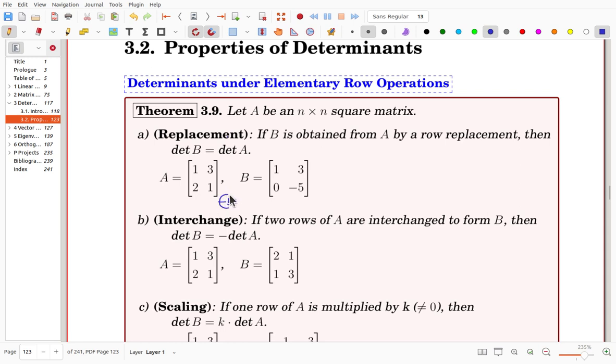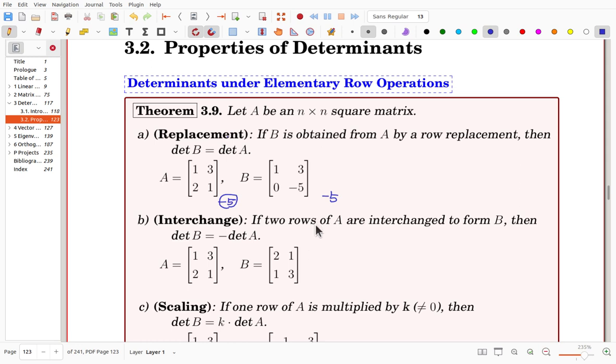Now its echelon form is made in two steps. The first row is subtracted to make it 0, and the determinant of B is minus 5 minus 0, so it is minus 5, unchanged. So this replacement is not changing the determinant.